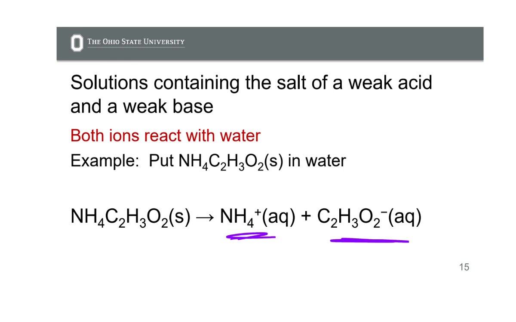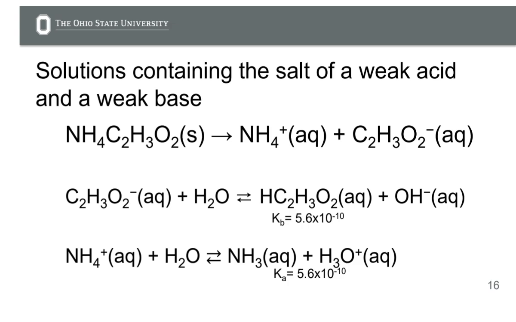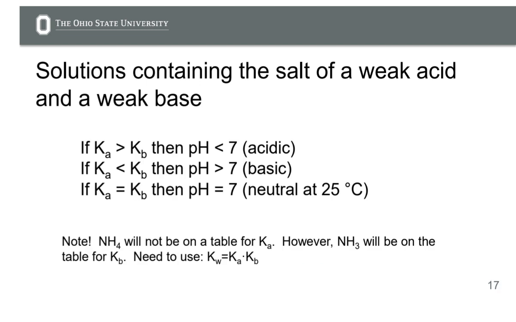It comes down to looking at the Kas and the Kbs and making predictions by comparing those. This is only if you have two ions, a cation and an anion, that can affect the pH of the solution, and you can look at the extent to which both will ionize and make comparisons. It's really cool, but we're skipping over it.